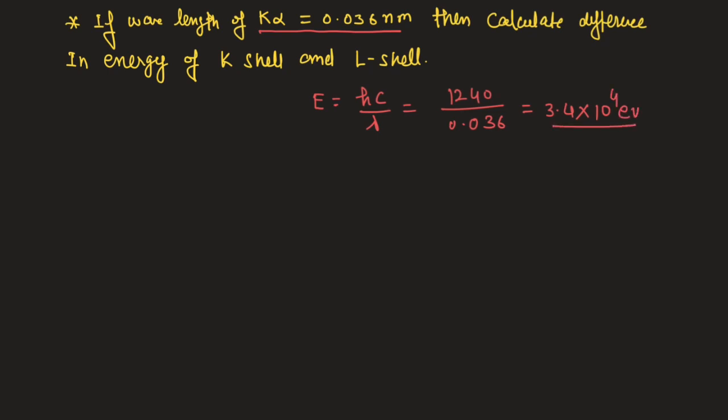So that's how we can calculate the energy. This one is in electron volt; if you want to convert into joule, just multiply by 1.6 into 10 raised to minus 19, so we can convert into joule as well.